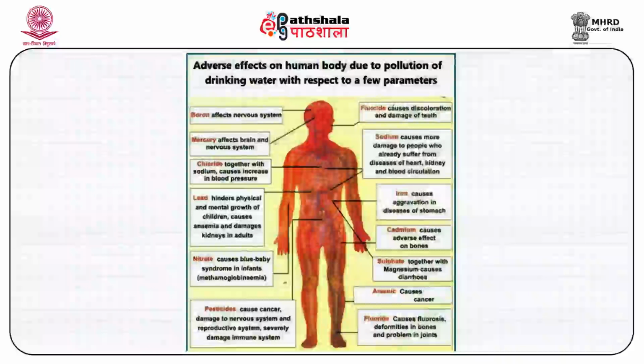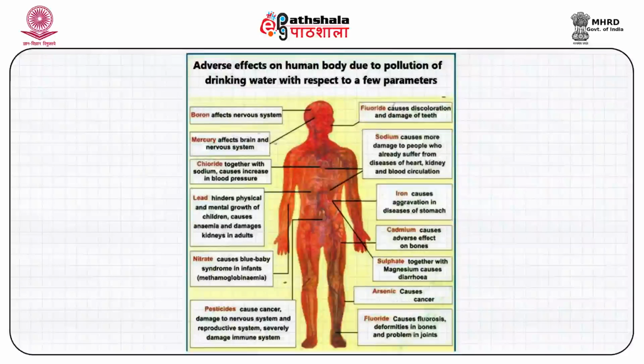Don't worry, this is a naked body. This is for teaching purpose. Boron, what does it do? It affects the nervous system. What does mercury do? It affects the brain and nervous system. Chloride, together with sodium, increases blood pressure. So you must have heard that you must lower the sodium and chloride intake to reduce your blood pressure.